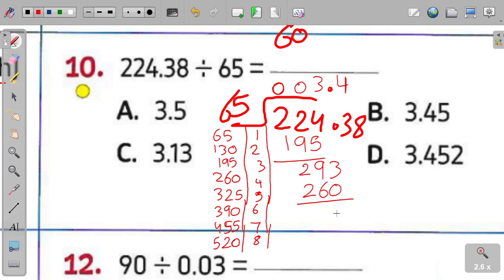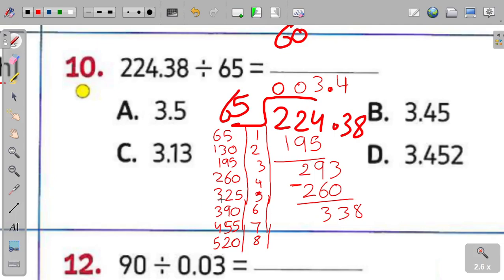So the result will be 3 minus 0 equals 3, and 9 minus 6 equals 3, so I have 33. The next digit is 8, so I have 338 divided by 65.